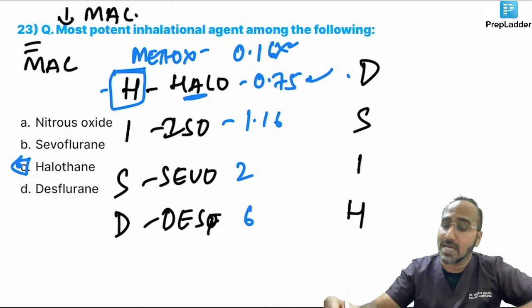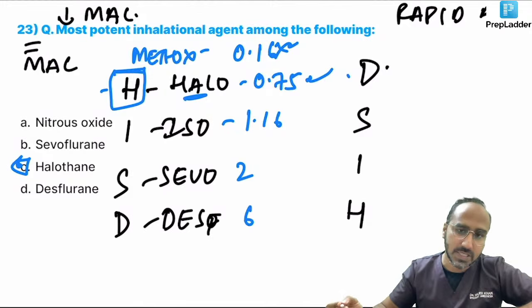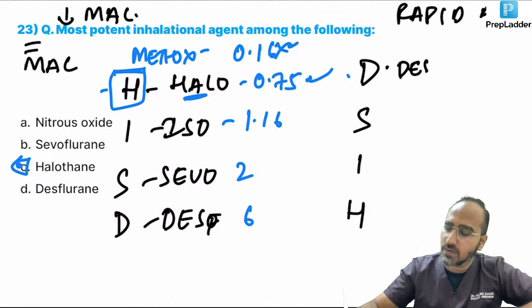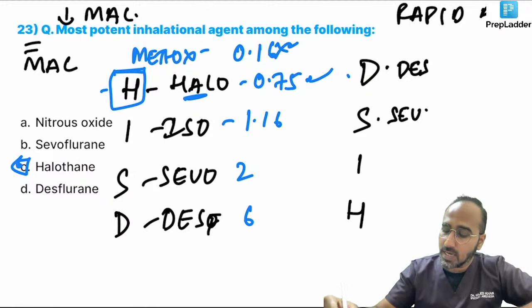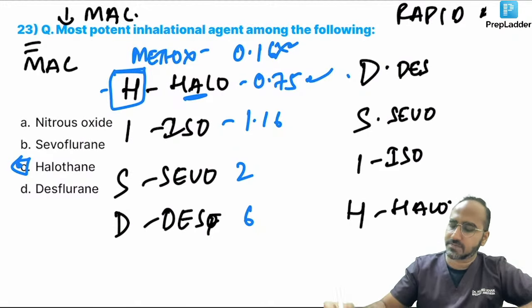You will get the rapid acting inhalational agents. Rapid acting agents are in the opposite direction of MAC. D stands for desflurane, having a low blood gas coefficient. S stands for sevoflurane, having a bit more blood gas coefficient than desflurane, then isoflurane, then halothane.